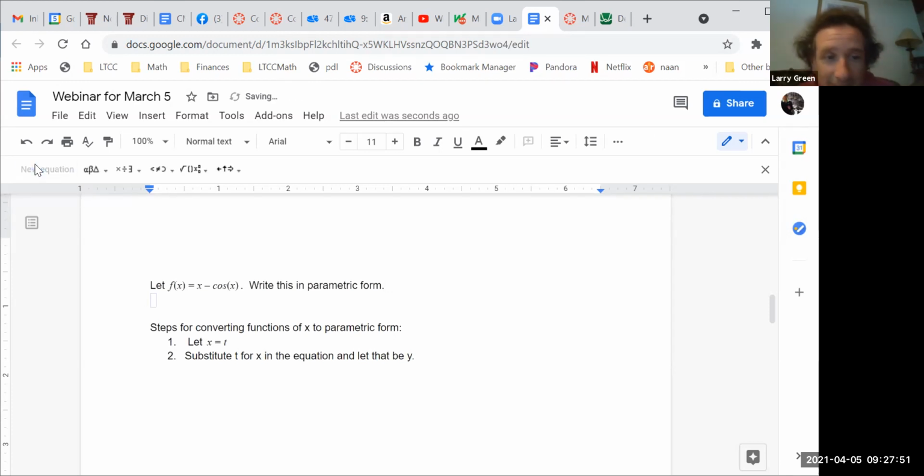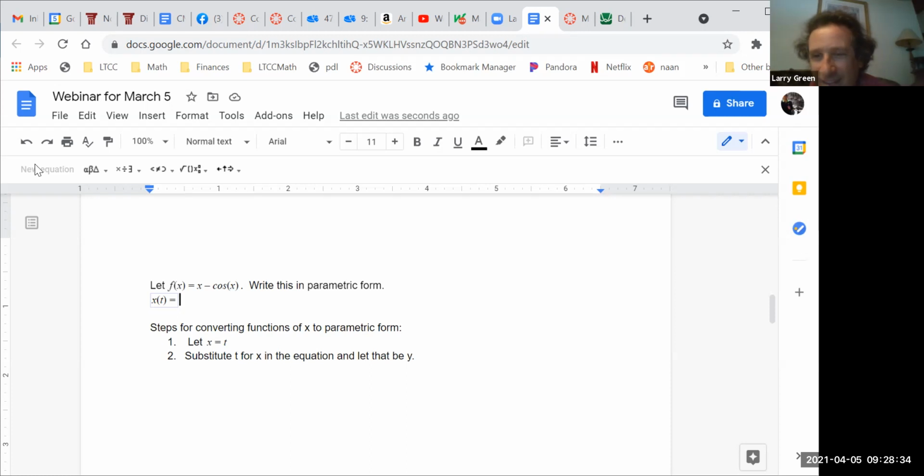So let's suppose we have f of x equals x minus cosine x. Then what is x of t? Hint is very easy. So what's x of t? Not quite. Look at step 1. Hint is it's very easy.